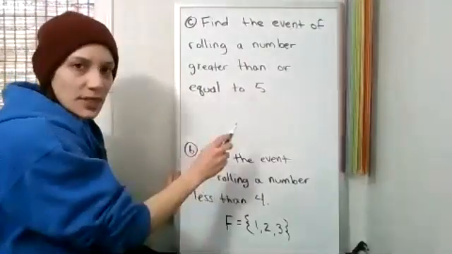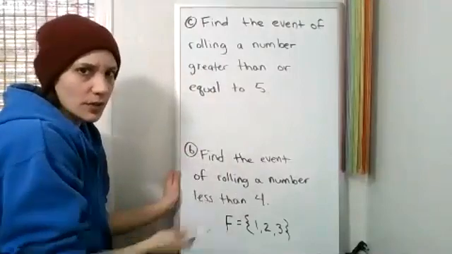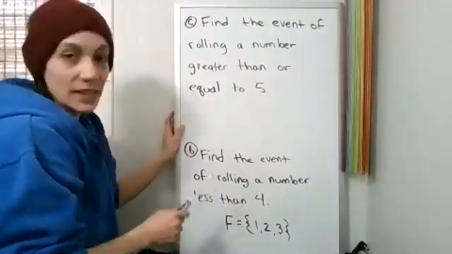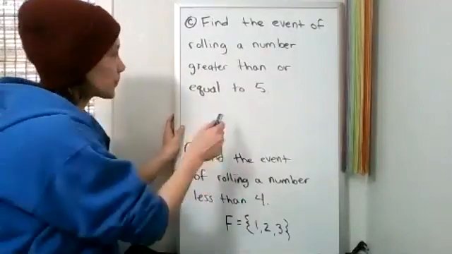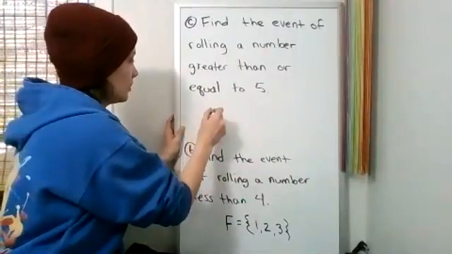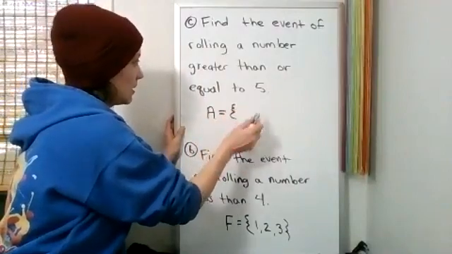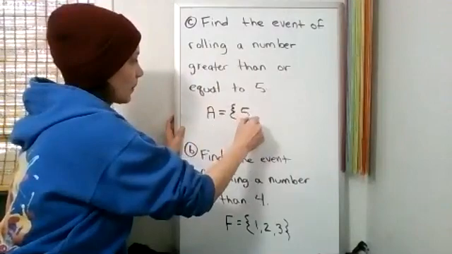Well, we can list it first. I do want to draw a picture because you could have drawn a picture for all of the other examples we did, a Venn diagram type of picture. This event we'll call event A, and it's the set that contains 5 and 6.